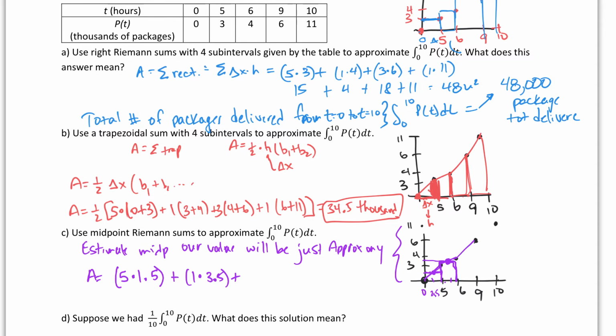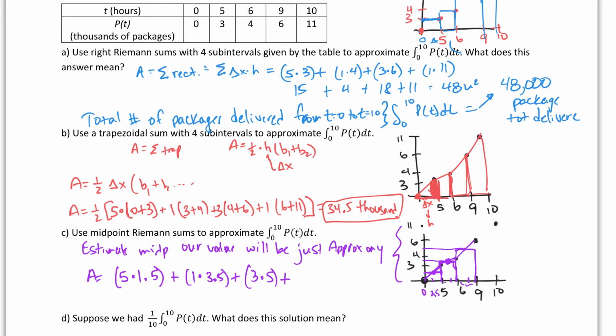Here it is. The midpoint between 6 and 9, 6 plus 9 divided by 2, gives you this spot right in here, which is 7.5. So we're going to estimate this to go up there, and our rectangle will look like that. This width is 3, and the height is about 5, I'll guesstimate.